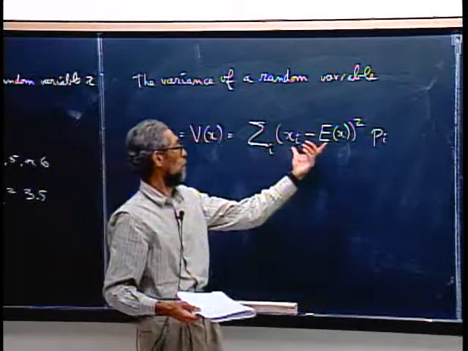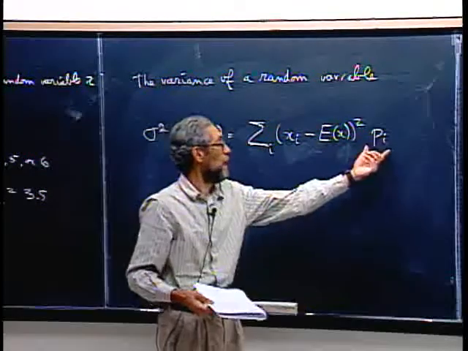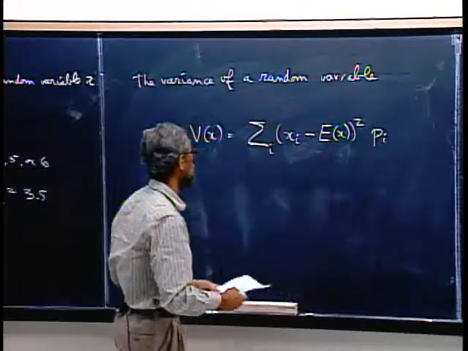So this is this squared quantity weighted by the probability.